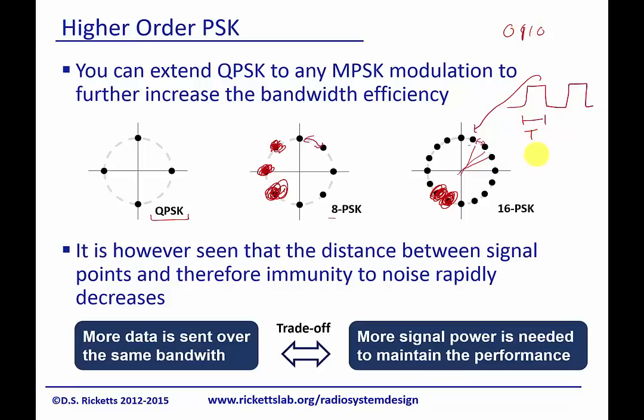This period T has a rough bandwidth of 1 over T. So as we increase our complexity, since we're transmitting each symbol at the same rate, the bandwidth stays the same, but we're transmitting more data because we have more bits, with 16 different levels to transmit. But the problem is that we have less noise immunity, and the only way to fight that is to increase our signal power.